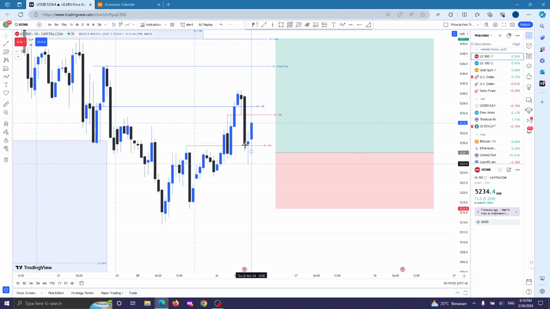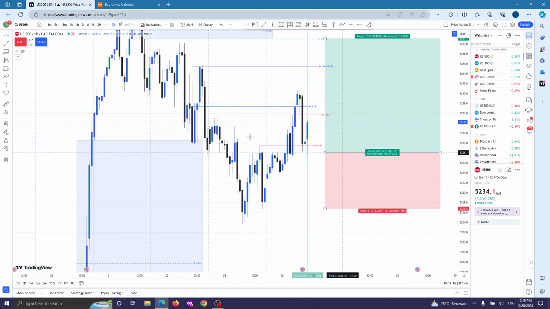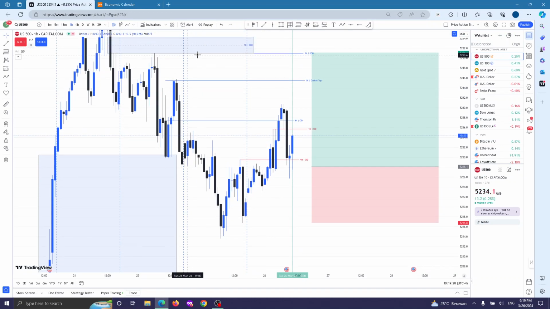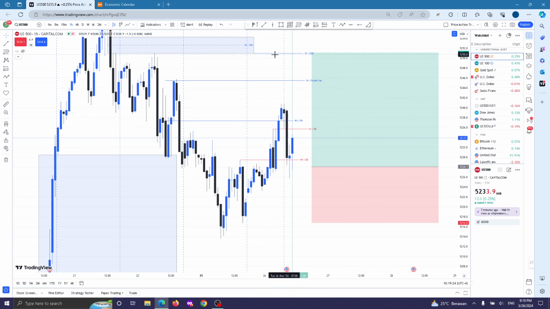Look at how it respects this 4 hour OB, which is a breaker. Regular breaker, it's not unicorn. It's also inside this daily busy. I'm thinking of this higher time frame draw to push price higher.